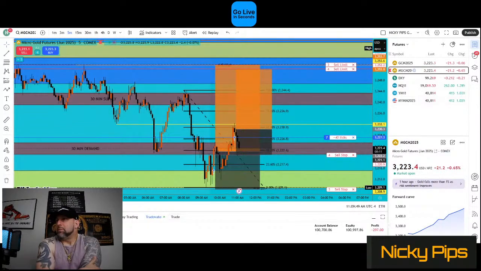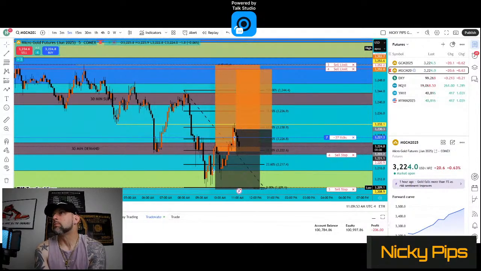See how this 5-minute candle closes. It looks like we're getting a pullback. Here we go. Just got to see how it closes because it can make a big bearish candle. But I like the rejection.